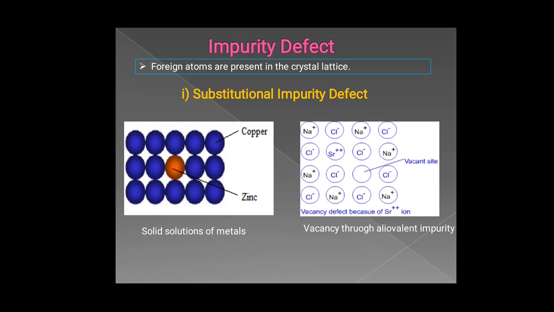As the impurity has an extra positive charge, this Na plus will leave its place to maintain the neutrality of the crystal. So this is how we get a vacancy through the aliovalent impurity. Aliovalent impurity means one which has a different valency than the valency of the ions present in the crystal. So this is about the substitutional impurity defect.